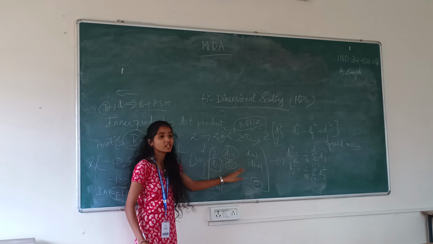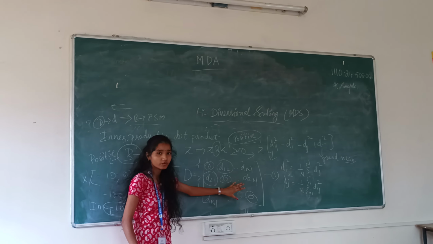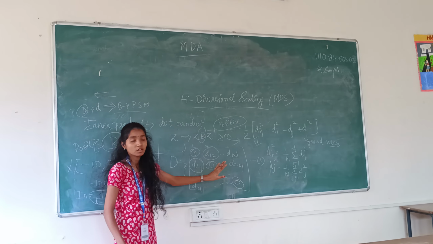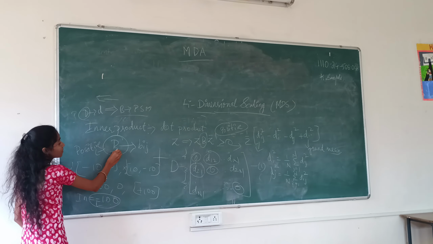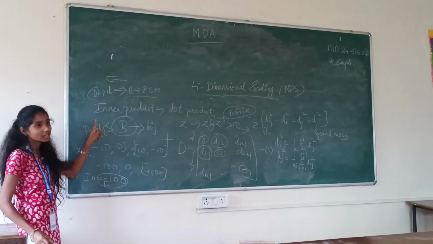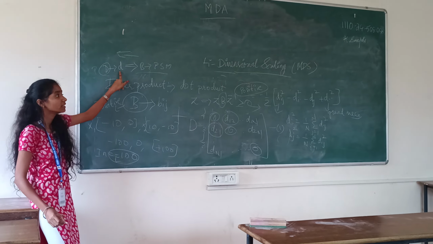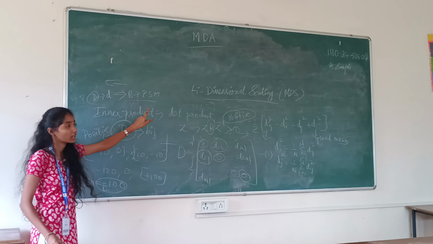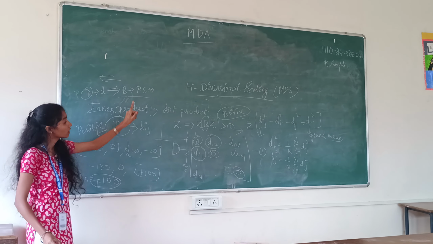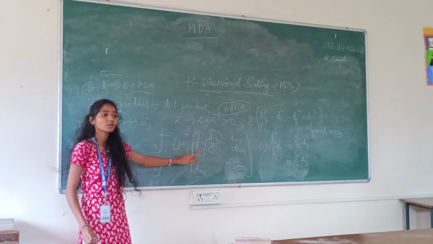So if we extract the eigenvalues from it, they should be non-negative. That's why we consider the B matrix as positive semi-definite. So if D is a Euclidean distance, then B must be positive semi-definite. If it is not, then D is not coming from a true Euclidean distance.